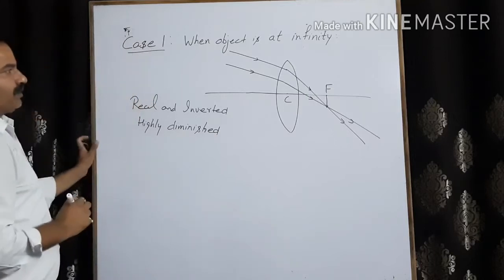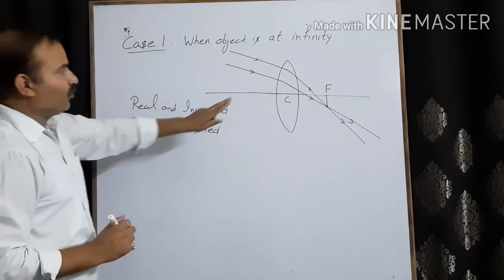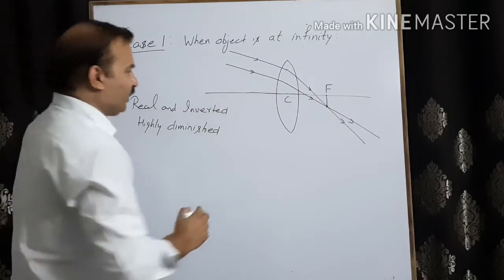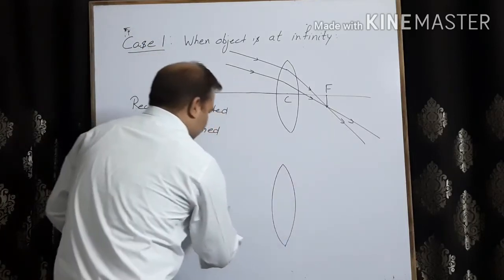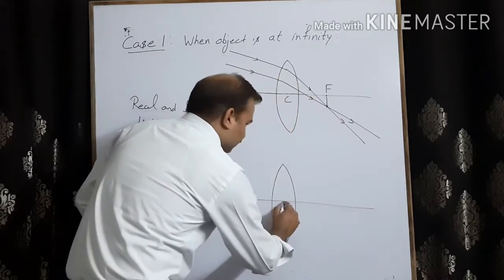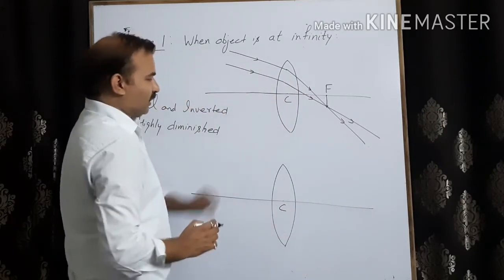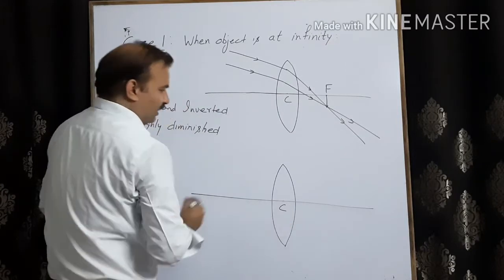Highly diminished. Now, there is one more ray diagram. For this one, we can draw that this is the convex lens, and this is the principal axis passing through the center of curvature, passing through the optical center.